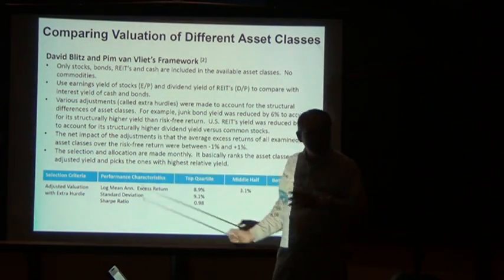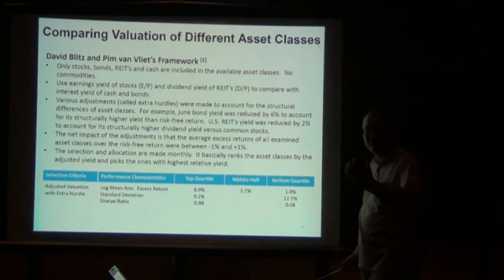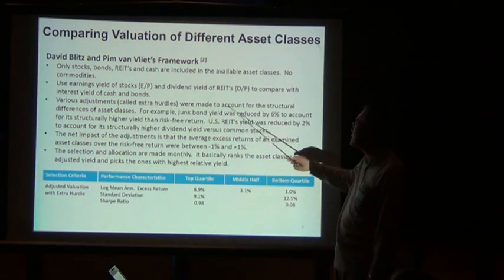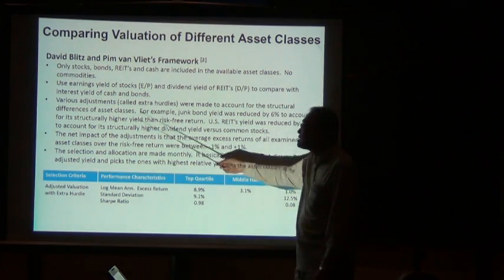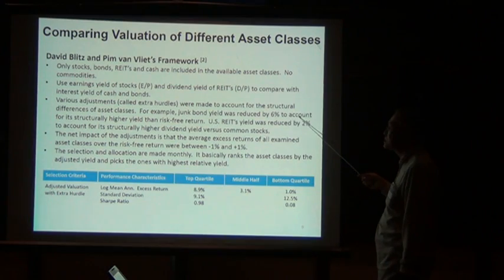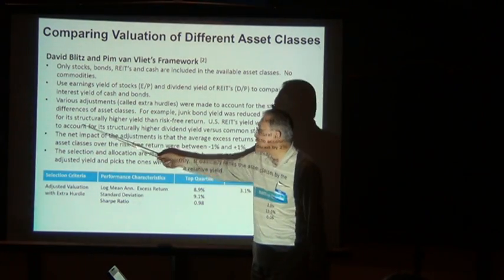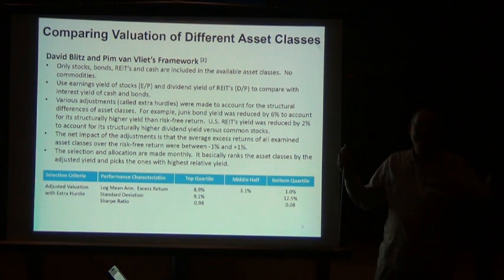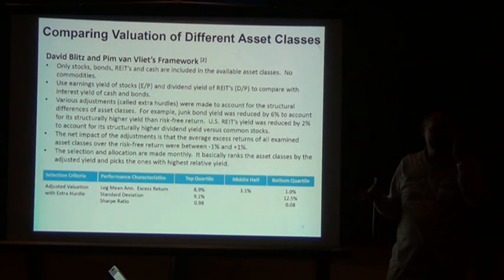Various adjustments, and we will see some of those later on, called extra hurdles, were made to account for the structural difference of the asset classes. For example, junk bond yield was reduced by 6% to account for a structurally higher yield than the risk-free return. Because let's say nowadays a junk bond is about 6.3%.